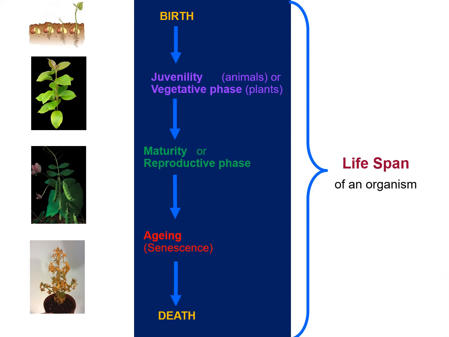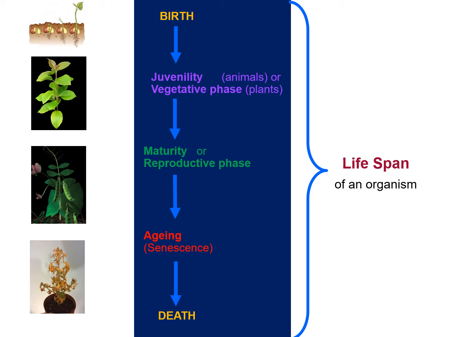So, the first thing is, what's a lifespan? Obviously, in the last class you did mention the steps that occur after birth till death. That period of time is referred to as lifespan. It can differ from a cell to an organism, to a plant, to an animal and so forth.